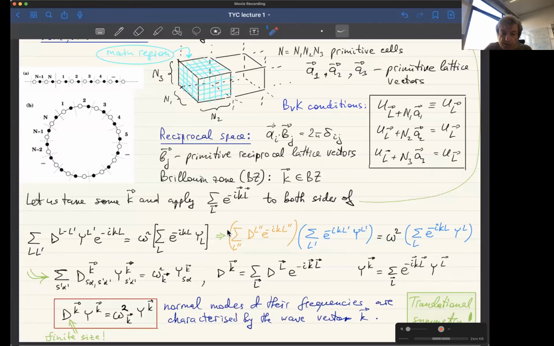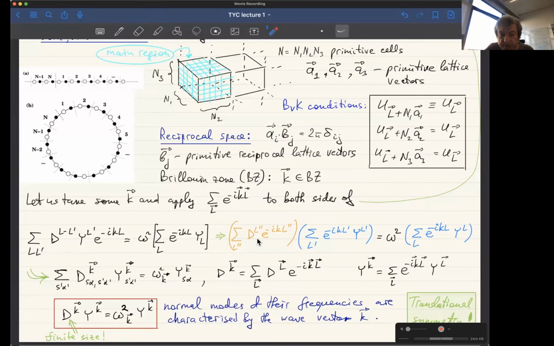So what this transformation gives us is that for any k, one can introduce this object as a linear combination of these atomic displacements. Instead of the matrix D in the real-space representation, introduce this lattice sum, again with some k. This object here, this dynamical matrix, would no longer depend on the lattice translations at all, because you see this index L double prime is summed over.